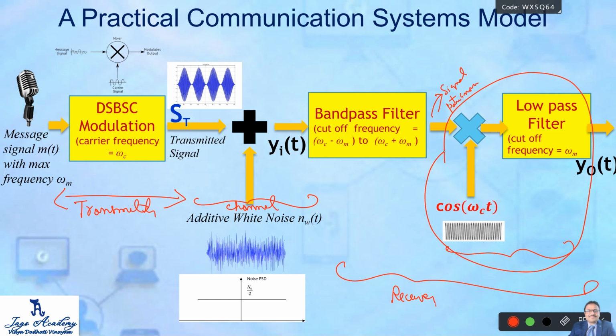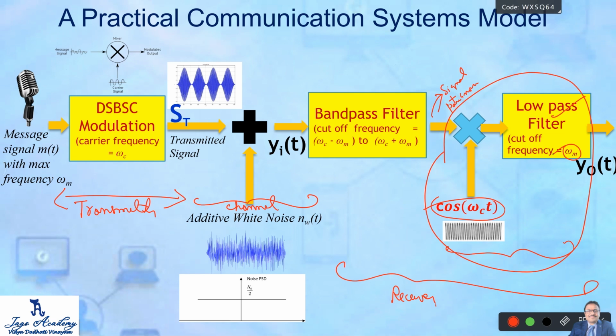You multiply the same modulated signal with the same carrier, and then you use a low pass filter with a cutoff frequency omega m. You will get back the signal. We have done this earlier, definitely. No doubt about it.